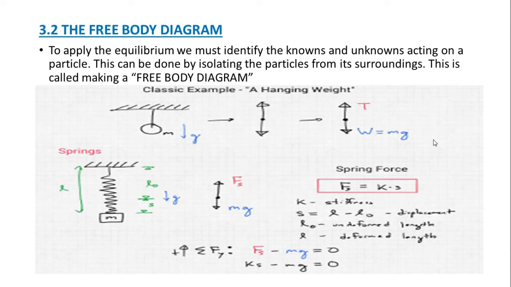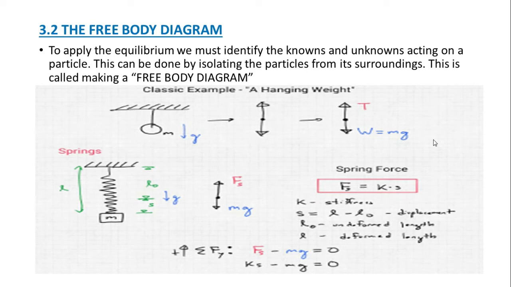Now if you apply force equilibrium, you look at the forces. The forces could be along sigma Fx, or sigma Fz, but you can assume those forces are acting along sigma Fy. So you apply sigma Fy.